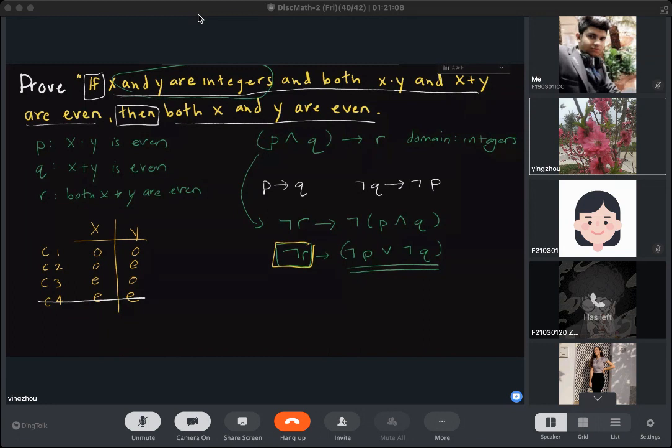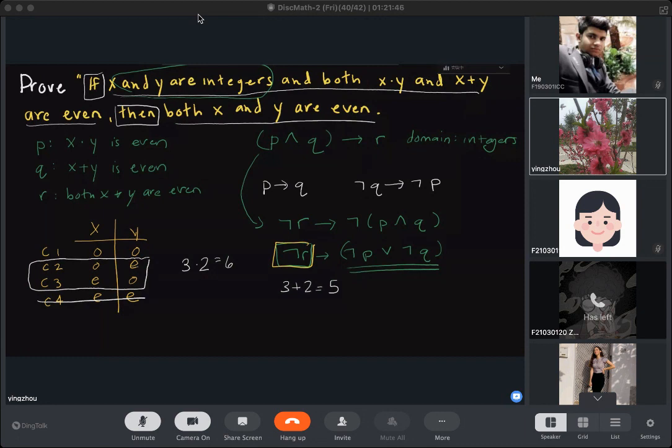So essentially what this means is if you take a closer look at case 2 and case 3, and I'm looking at what's going to happen with P and Q. Case 2 says x is odd, so let's just make up an odd number. And let's say I'm multiplying that by an even, because again, I'm looking at case 2. So if I multiplied these two, I would get an even number, and if I added these two, I would get an odd number.